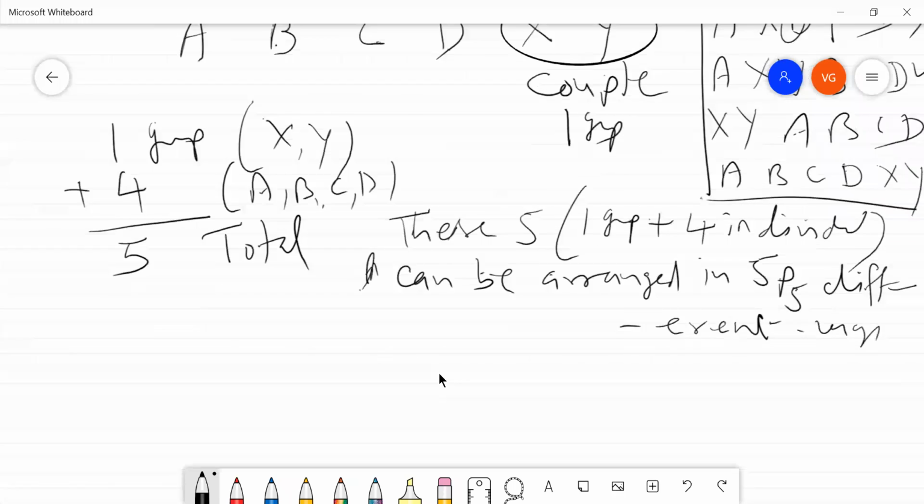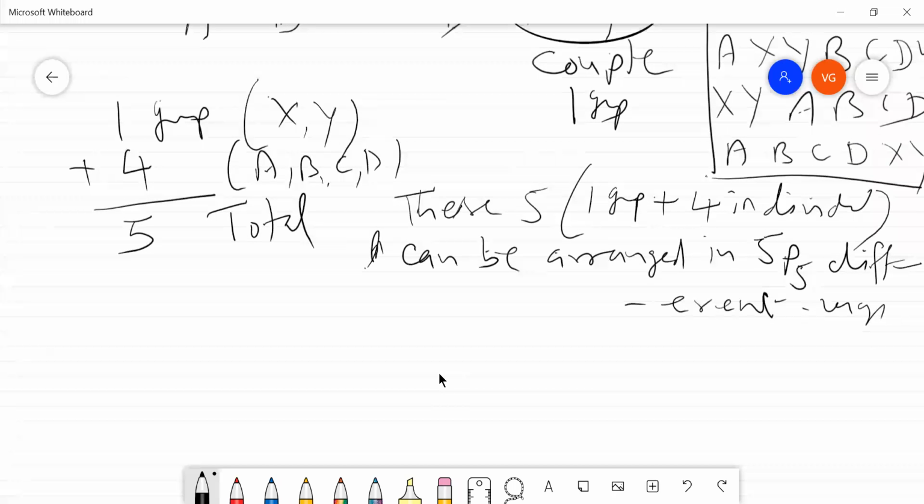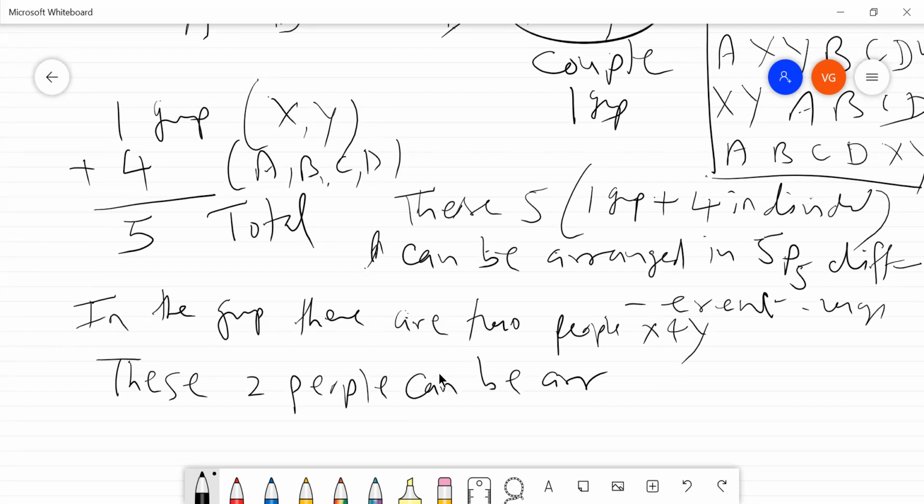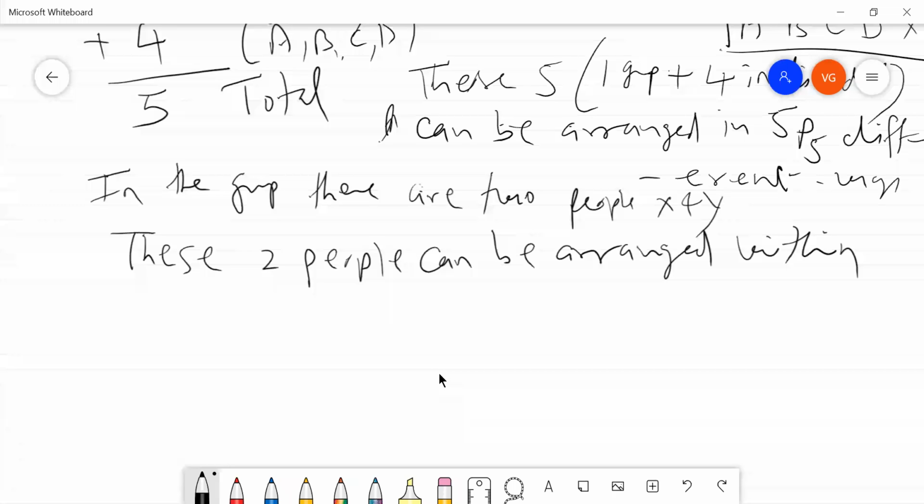Okay, now see individually, you see in the group, now the group in the group XY, in the group there are two people, na? There are two people, X and Y. So these two can be arranged, these two people, the husband wife, these two people can be arranged within the group in how many different ways? Within the group in 2p2, two different ways.